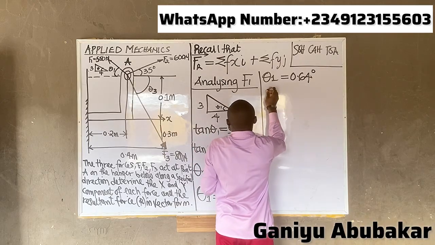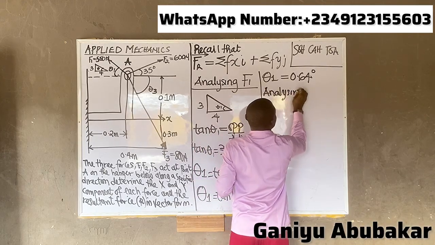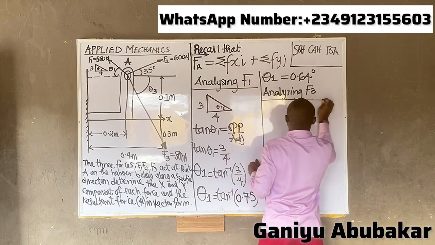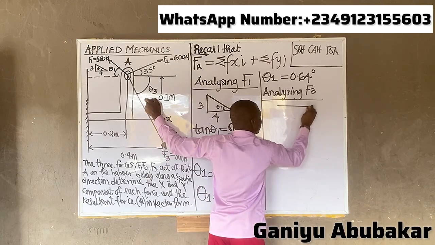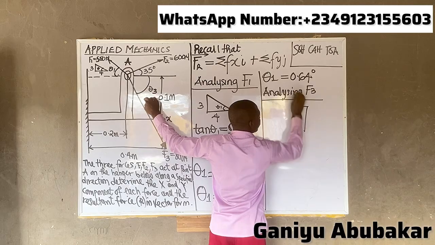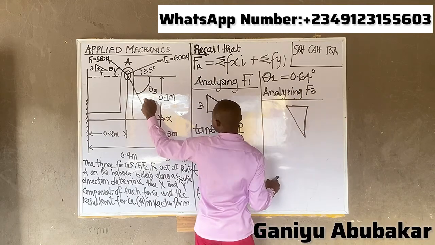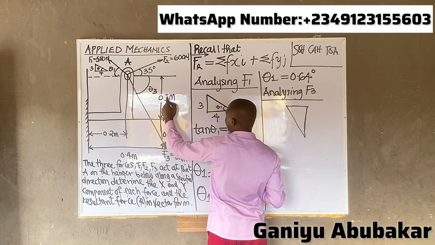Observe F3. So let's get an angle of theta 3. Now observe that I'm having something of this nature. If you observe very well, this one here, such that from here to here gives about 0.1 plus 0.3.